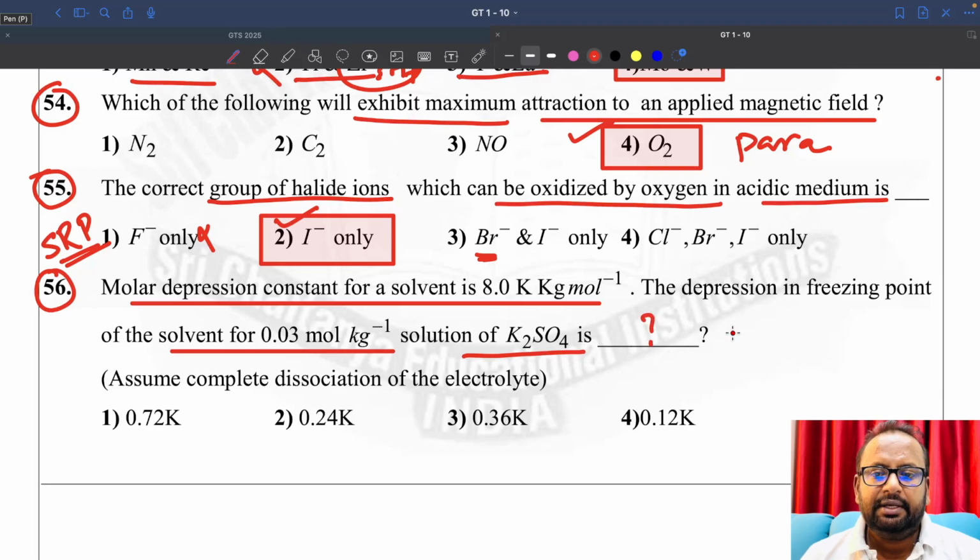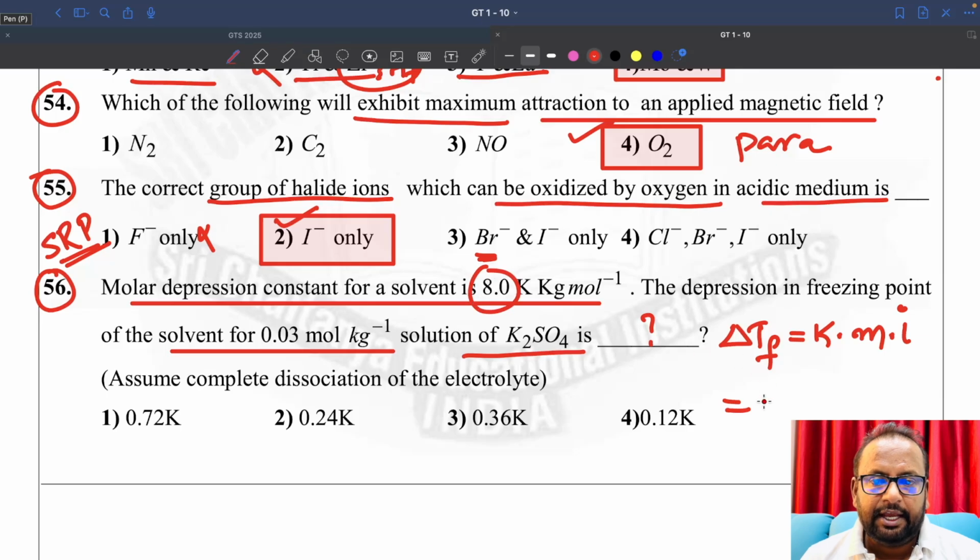Yeah, simple है. So depression in freezing point, that is delta TF equals K times molality, of course corrected by the i factor. So delta TF find करना है. K value is given as 8. So 8 times molality is given as 0.03 times K2SO4 when dissociates, it gives you the 3 ions, right?